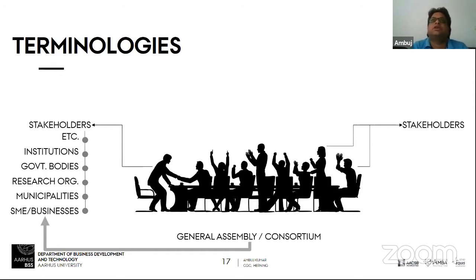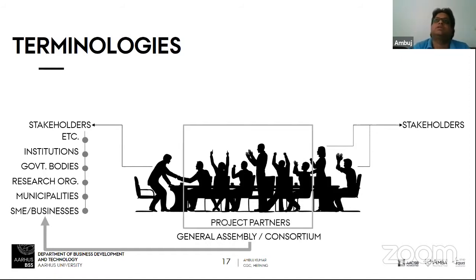And if you are involved with a big research organization, then you again have more feathers in your cap. Then there are government bodies, institutions, and any other reputed organization can be your stakeholder.